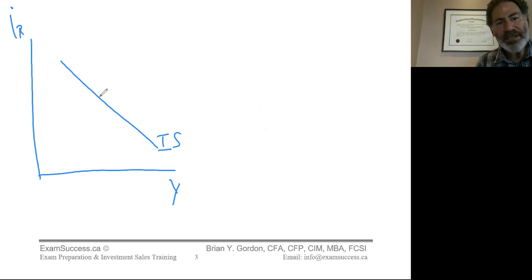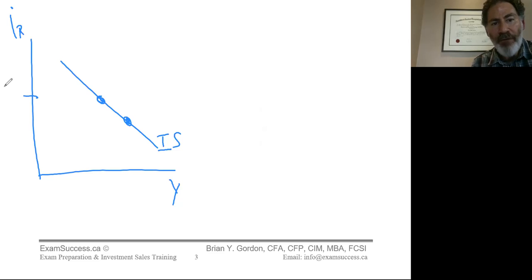If we're on this line, any point on this line means that we are in equilibrium. What does that mean? It means the goods market's in equilibrium. The expenditures are equal to the income. The savings is equal to the investments. And we're in equilibrium at this specific interest rate.